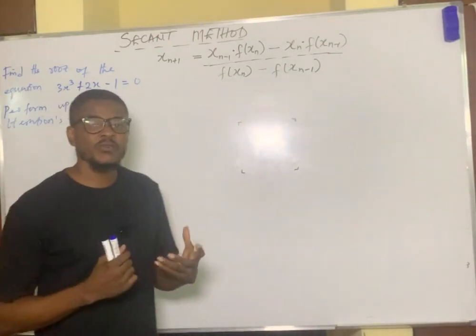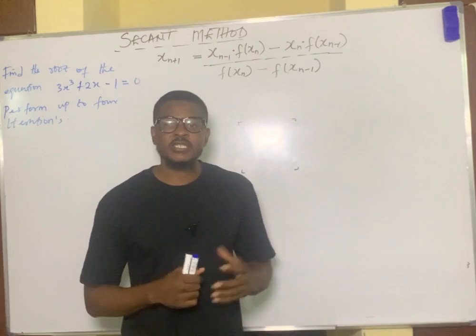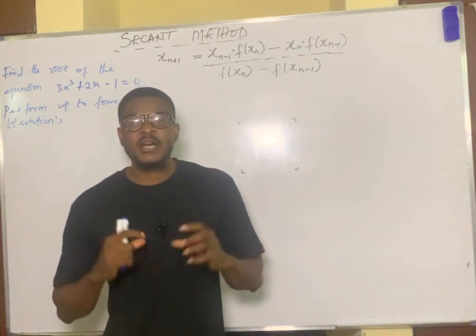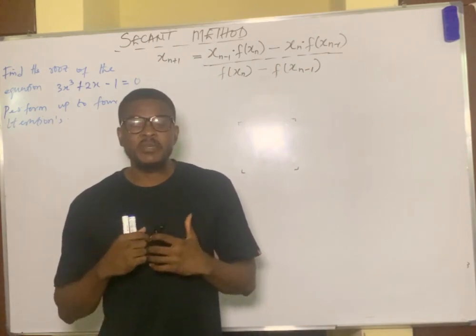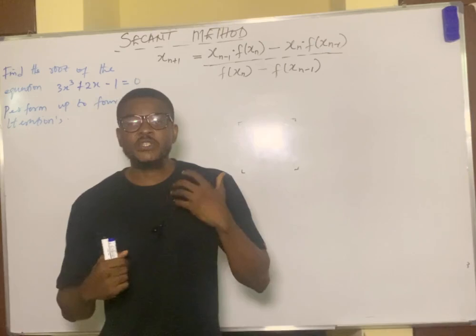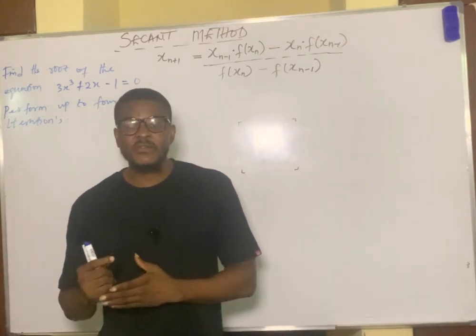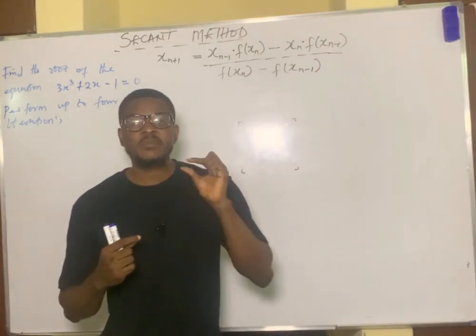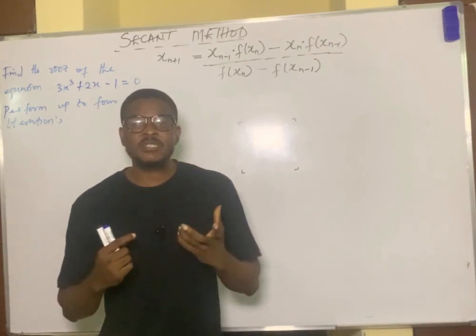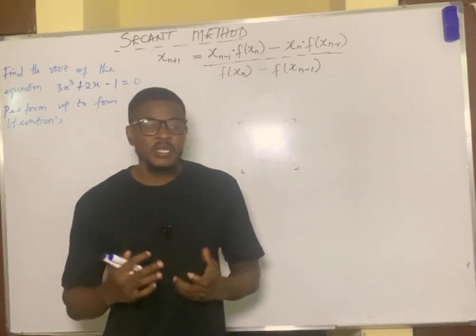Alright, so whenever an equation is given to you, just like we do in the bisection method and the Newton-Raphson's method, the first thing to do is identify two numbers such that when you plug them into the function, it changes the function directly from positive into negative or from negative into positive. And when you do this, the smaller of these two numbers is considered as x0, whereas the larger number is considered as x1.